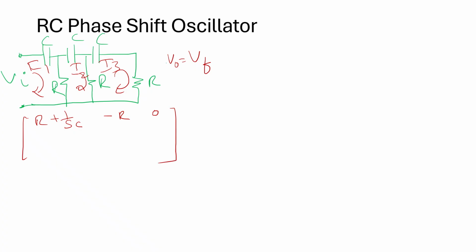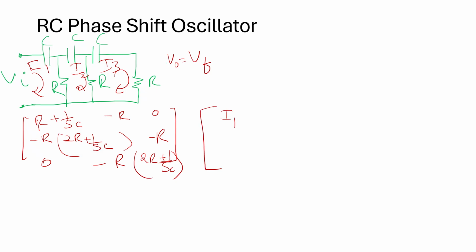We don't have any element connected between the first loop and the third loop, so we have a 0, minus R, 2R plus 1 by SC, the second parameter, and minus R, 0, minus R, and 2R plus 1 by SC, multiplied by I1, I2, I3 equal to V1, because we have the source only in the first loop.